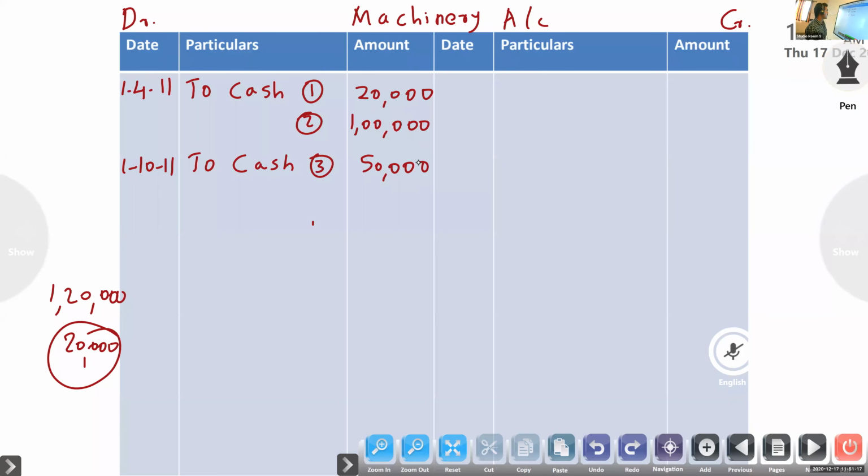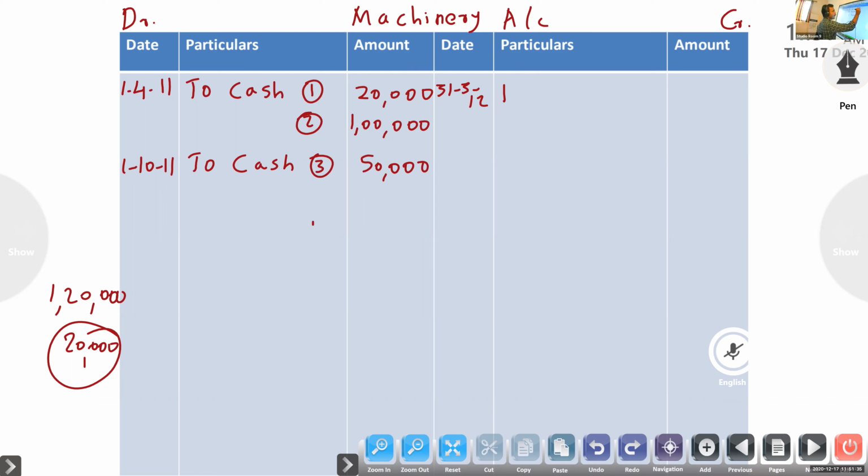Now the next year's transaction: 31st March 2012. Next, on 1st April 2012, another machinery we purchased. Okay, so this year no other case.